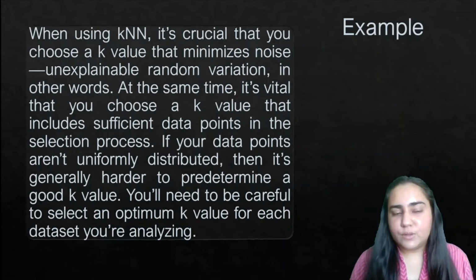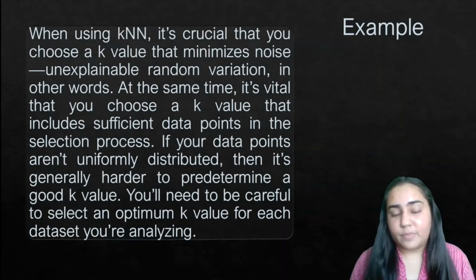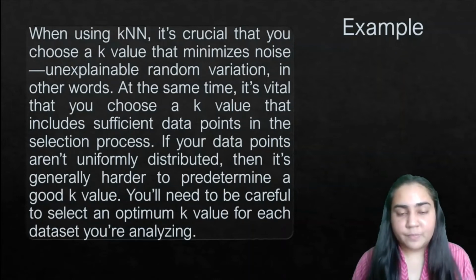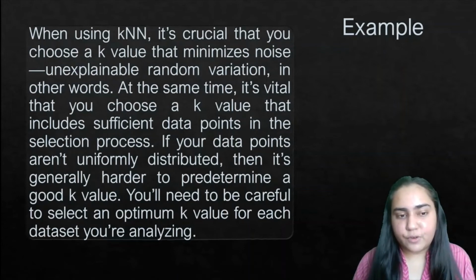But it shouldn't be so small that, while selecting the new query point, you have no choice but to select from the very few points you have picked. If your data points aren't uniformly distributed, then it's generally harder to predetermine a good k value. You'll need to be careful to select an optimum k value for each data set that you're analyzing.